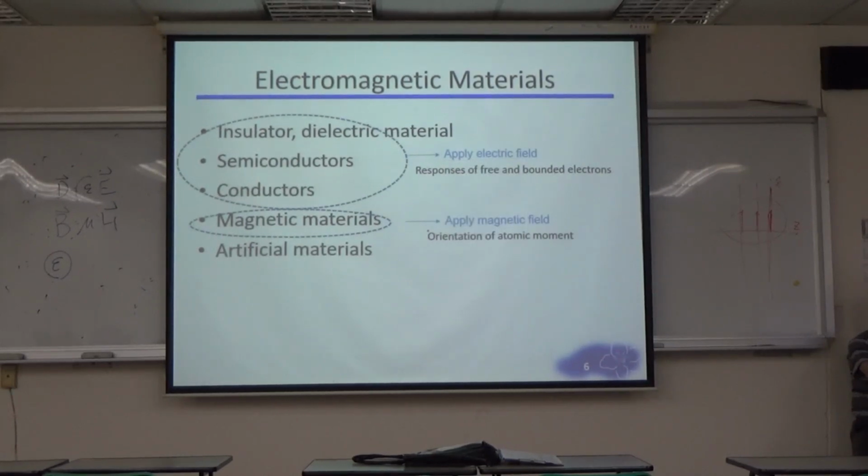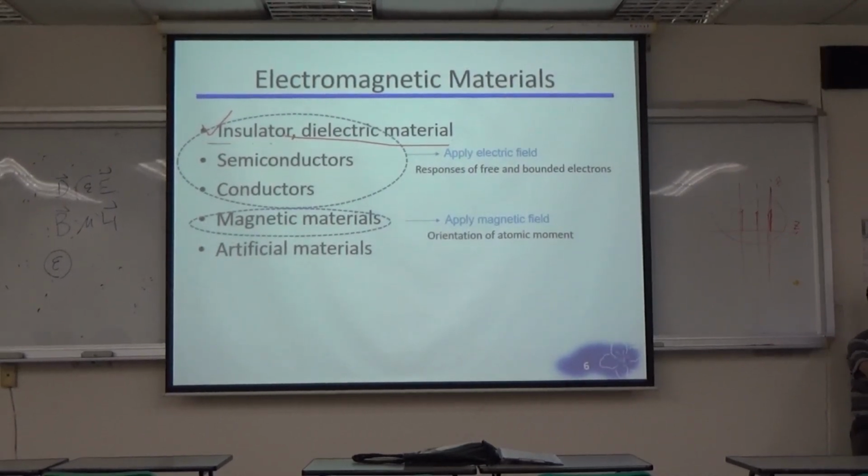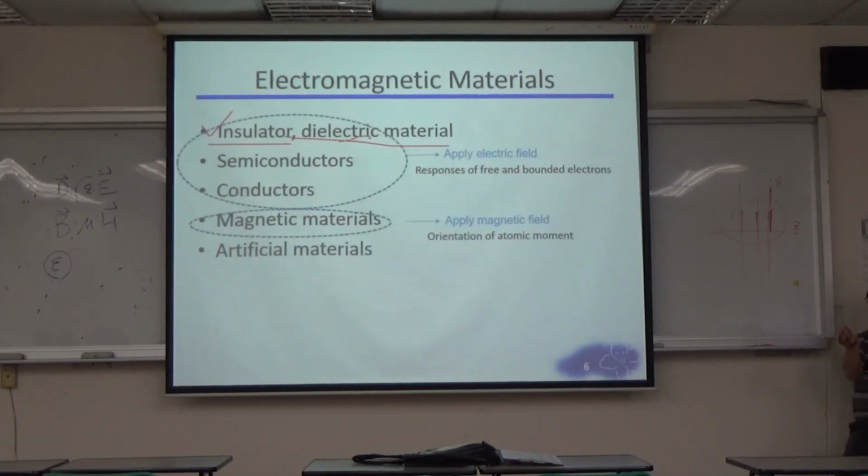If we look at the conductivity, we will have an insulator, a dielectric material, which means the conductivity is very low, for the first group. There are some materials like metal, with a higher conductivity, so we call them conductors. And some materials between the insulator and conductor, especially when you apply different biases on them, will change their property. We call them semiconductors.